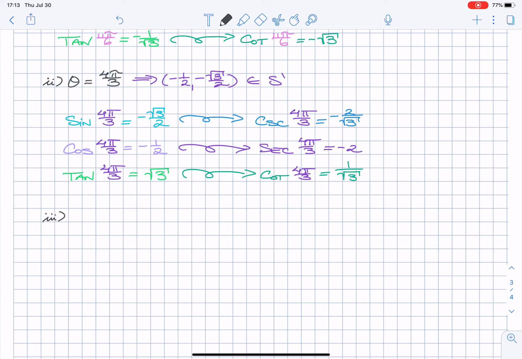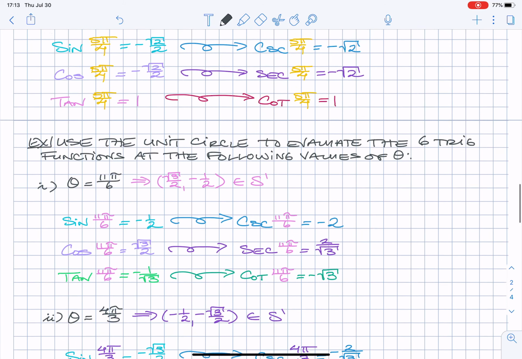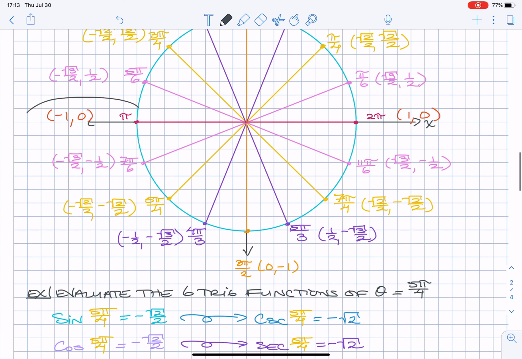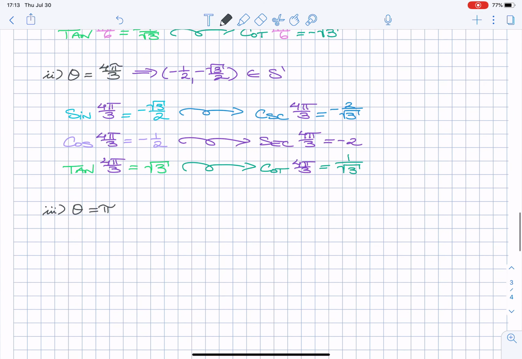Okay, so number 3. Let's say we have theta is pi. So on the unit circle, we're here at the point -1, 0.